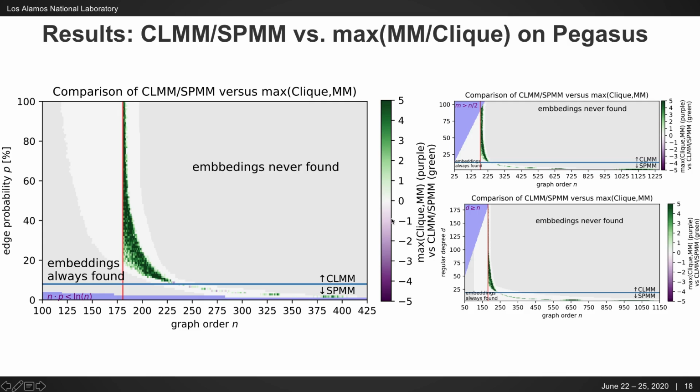And here we have a huge bunch where we do much better, and for Barabási-Albert graphs and regular degree D graphs, which can get much sparser than Erdős–Rényi graphs, we see that we can extend the ranges by roughly 150 nodes in the very sparse regime.